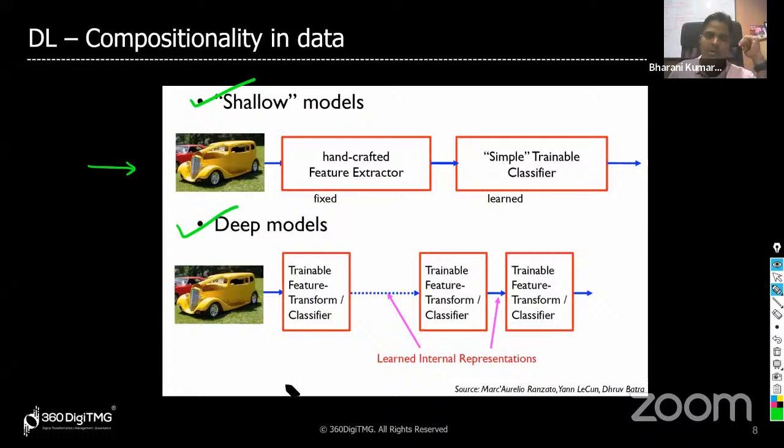However, when you use deep learning algorithms, you supply your image as an input, and the features from this image would be extracted, and then you move on with your hidden layers, and finally you get an output. But the features are automatically extracted.